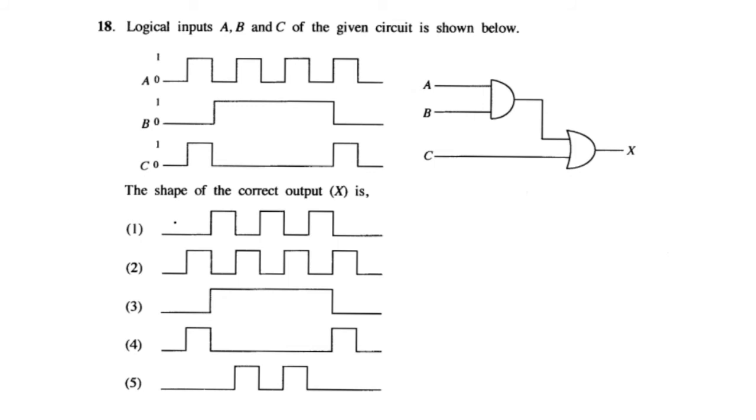Then the remaining rows follow in the same way. Then this X dash and C are inputs to an OR gate.